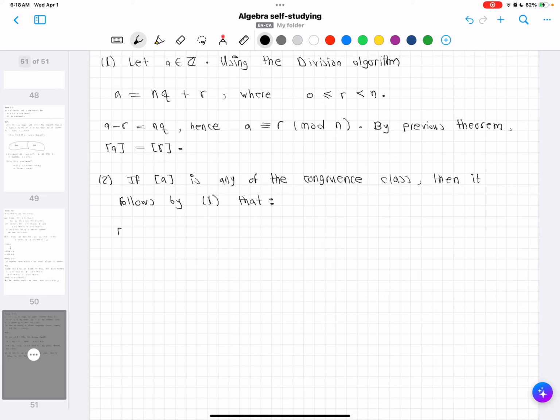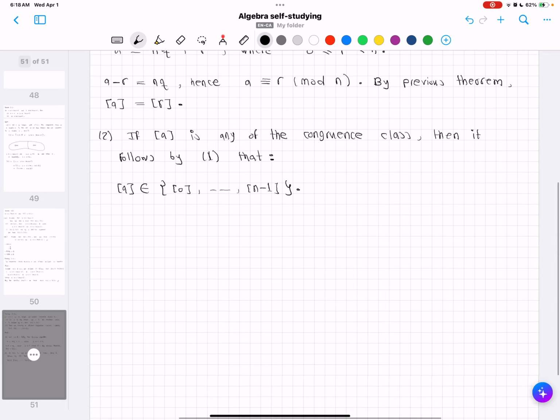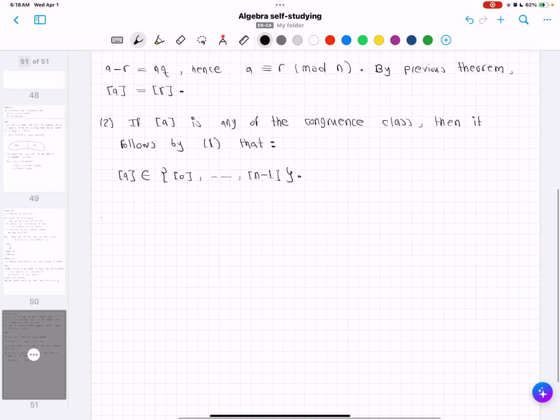The class of a belongs to the following classes from 0 to n minus 1. So all we have to show is no two classes are identical.